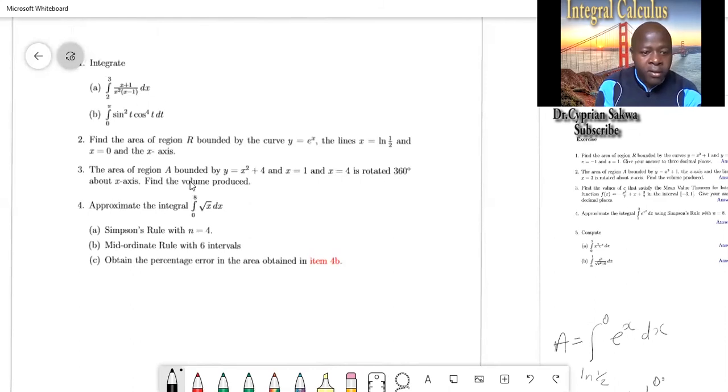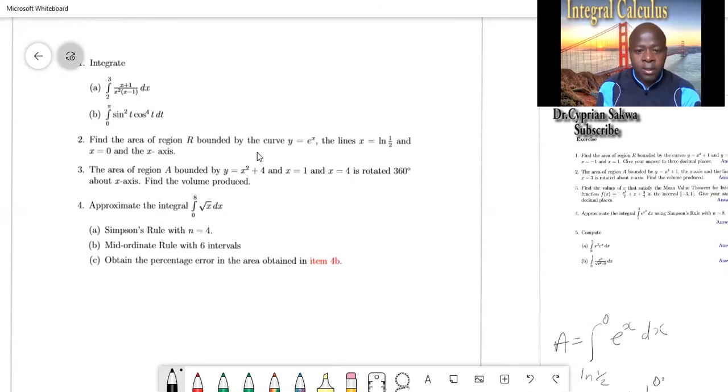Now, find the area of region A bounded by this and this, which is rotated about 360 degrees, that's one revolution about the x-axis. Find the volume. This is the volume of revolution.